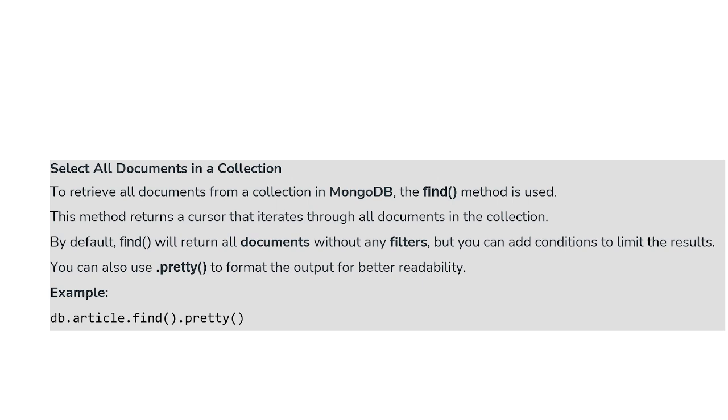To select all the documents in the collection, you can use the find method. If you want to retrieve the data with particular criteria, you have to use the findOne function. And pretty is used to format the data for better readability. Thank you.